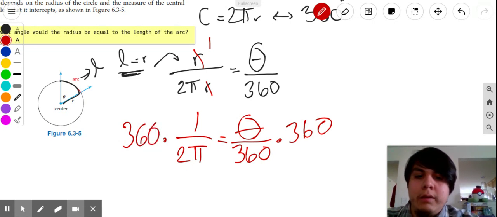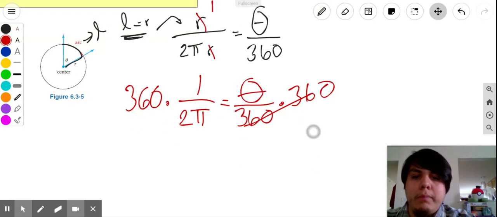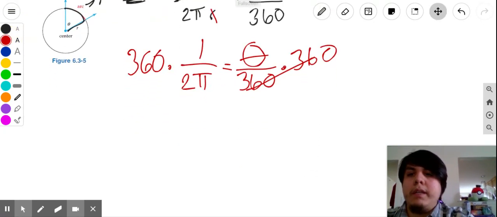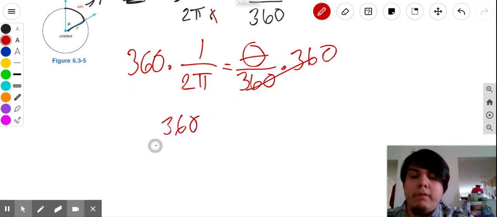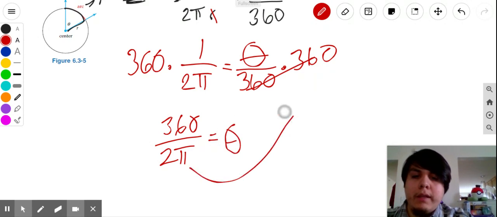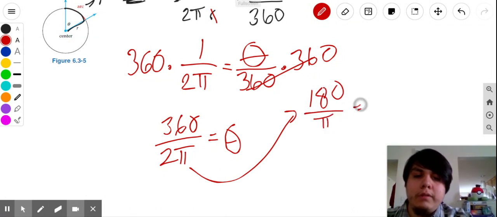Okay, so these go away. And from there, I'm able to say that 360 divided by 2 pi would have to equal theta, meaning that 180 divided by pi should equal theta.